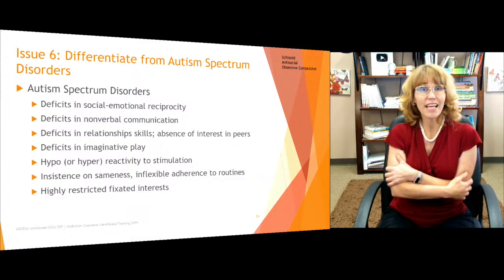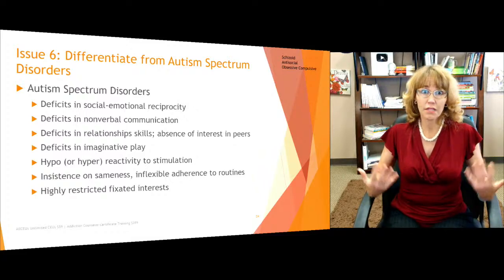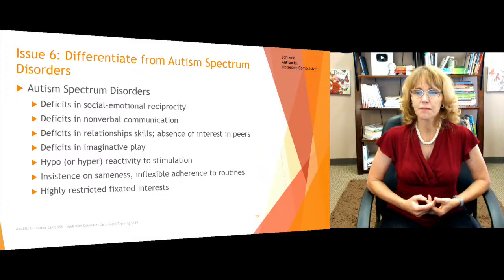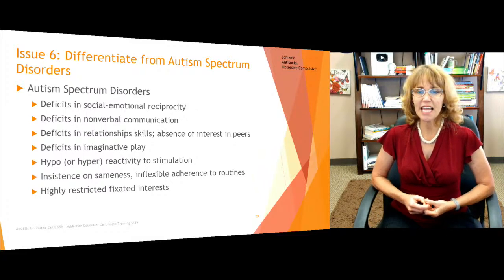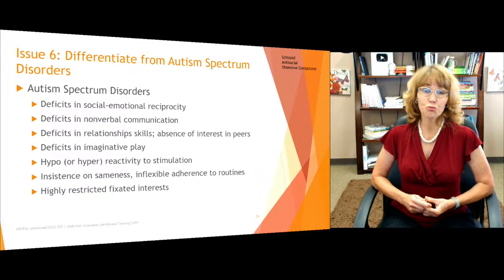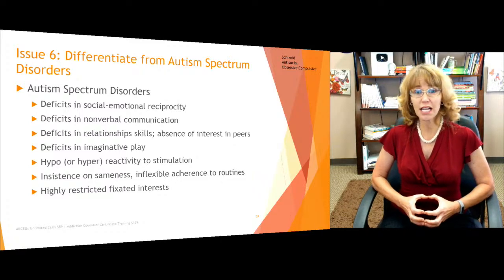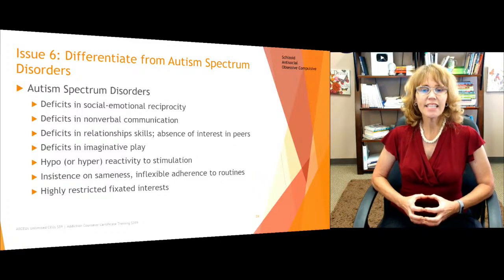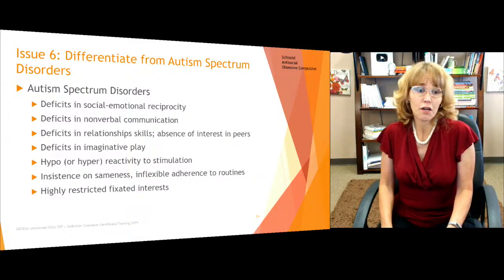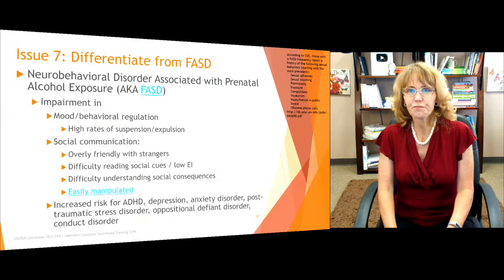So they may be reacting to pain or lack of sensation a lot of times. Insistence on sameness, inflexible adherence to routines, kind of like in obsessive compulsive personality disorder. And highly restricted fixated interests. Again, very common in OCPD, for example.